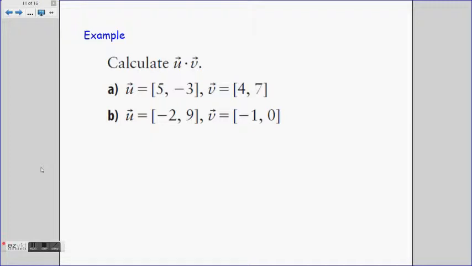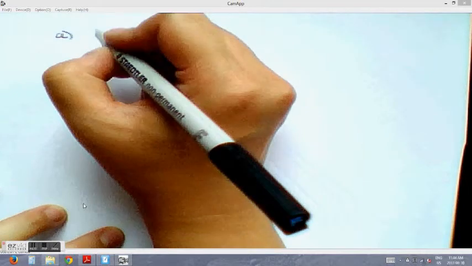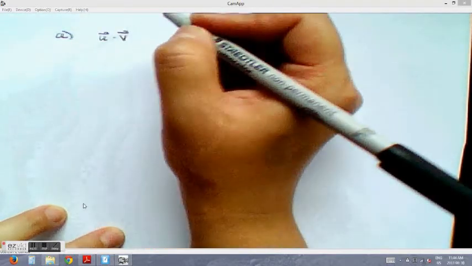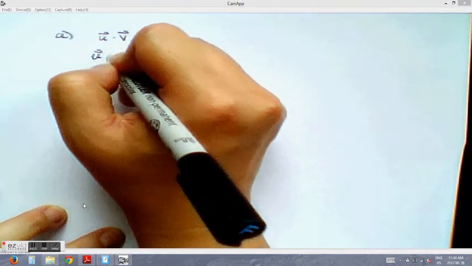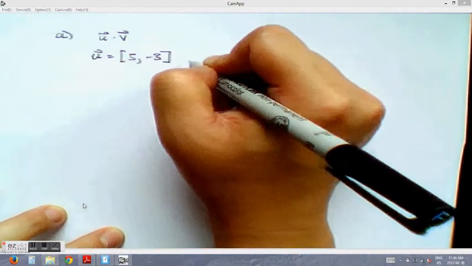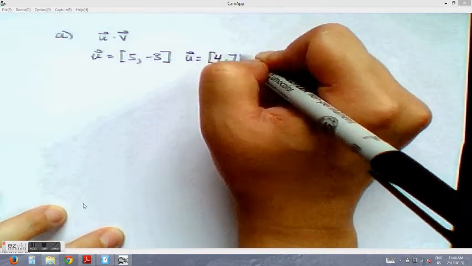So let's take a look at an example. What we have here is we want to find the dot product of U and V for both A and B. Okay, so let's take a look at A. In A, we want to find the dot product of U and V given its Cartesian vectors of U being 5 and -3, and V being 4 and 7.